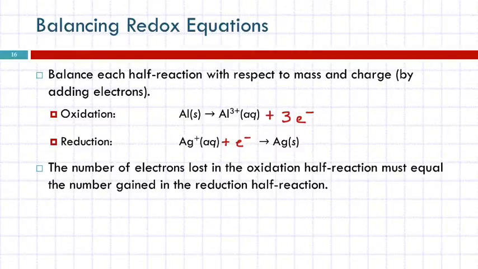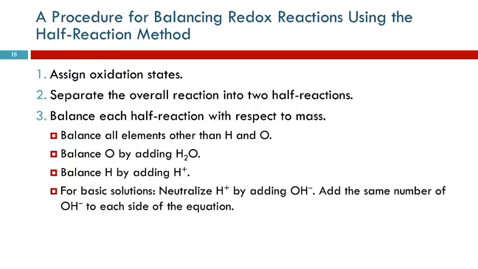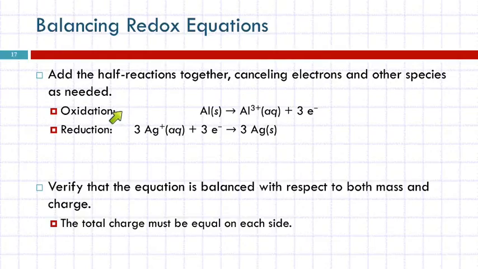So I'm going to take this bottom equation and I'm going to say, well, this must happen 3 times. So what that means is there's 3 silver ions and 3 electrons, and I'm going to get 3 silver atoms out of it. So that's what we've done here.